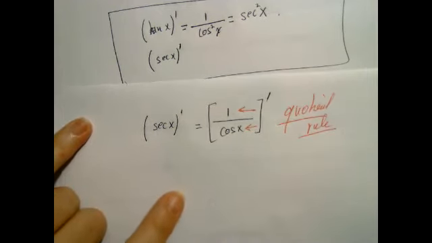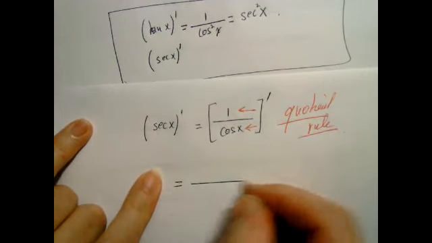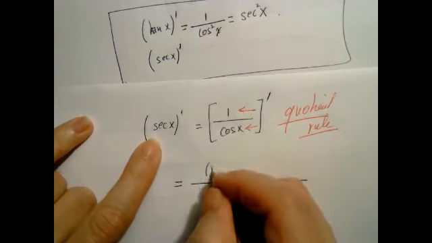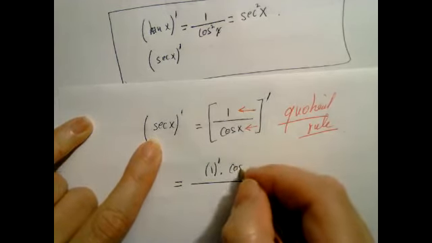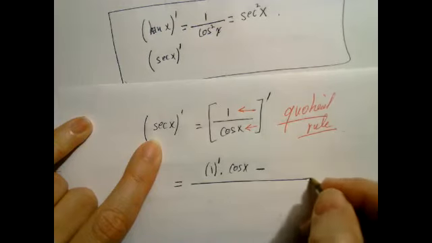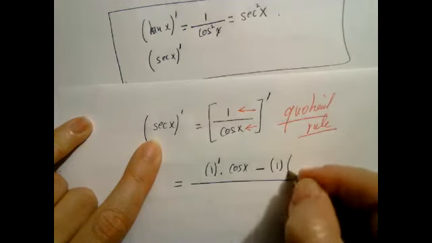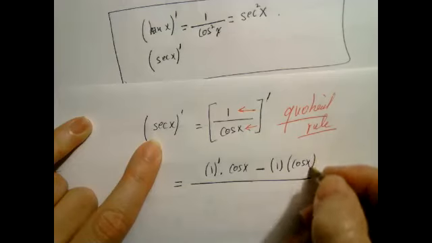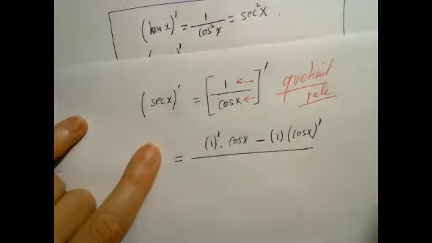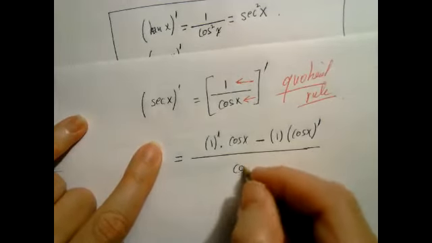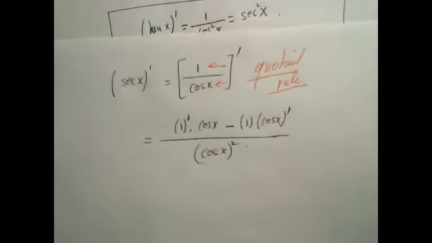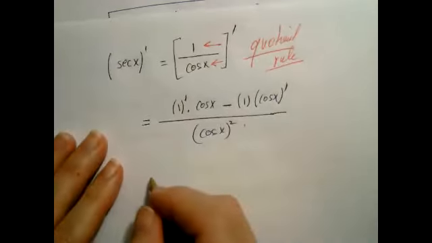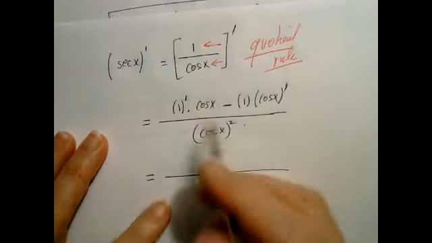So what does the quotient rule tell me? The derivative of the numerator times the denominator, minus the numerator times the derivative of the denominator, the whole thing divided by the denominator squared. Okay, and now let's do that bit by bit.